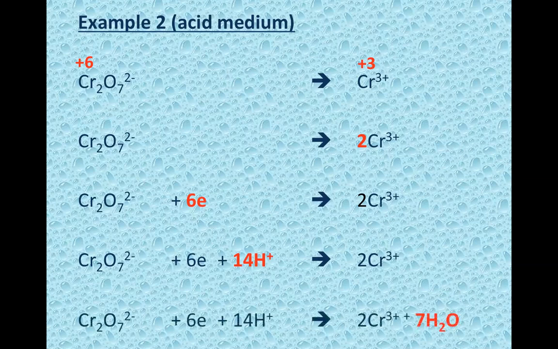So if I add 7 water, all the H and O atoms will be balanced on both sides. Did you manage to get the balanced half equation for dichromate?